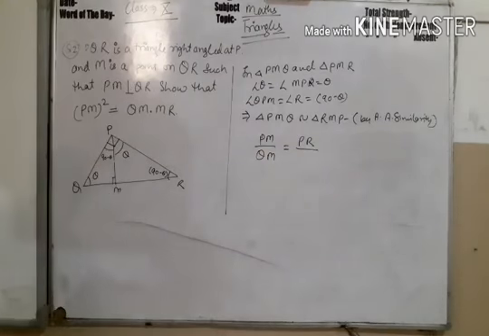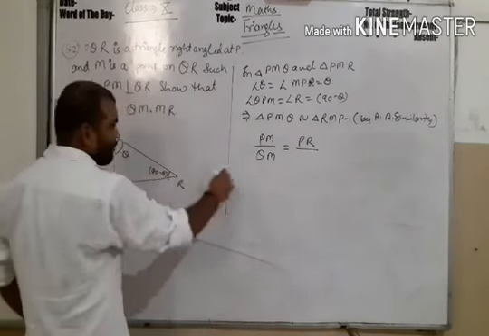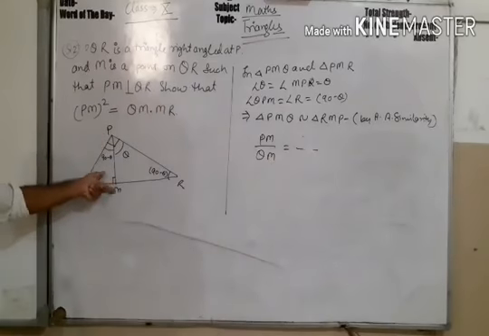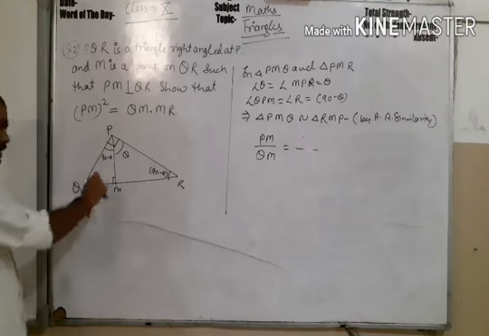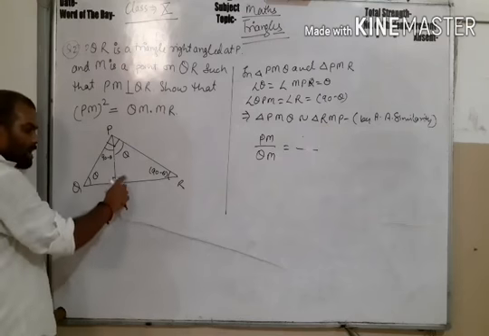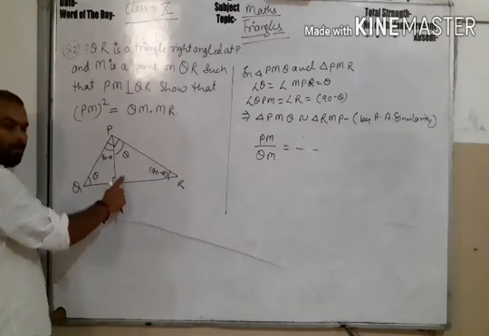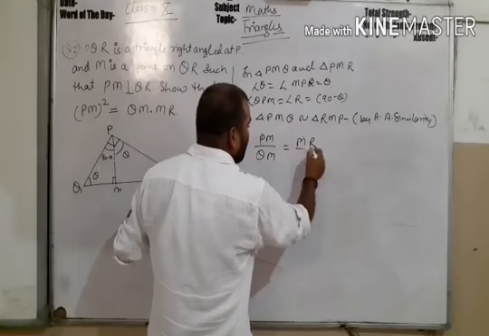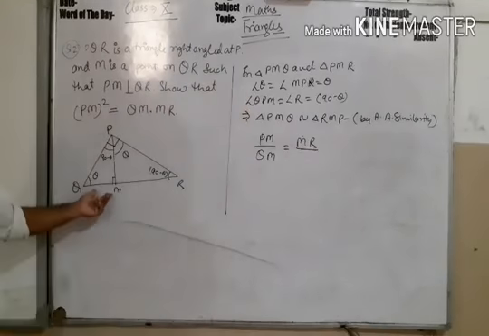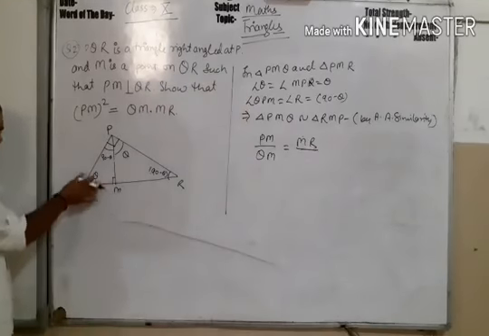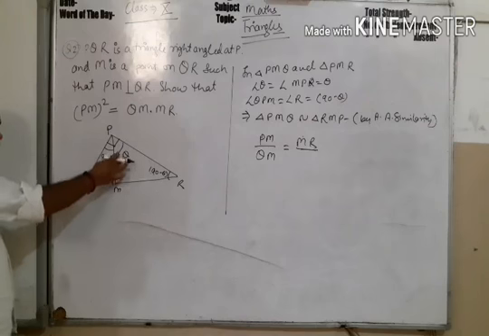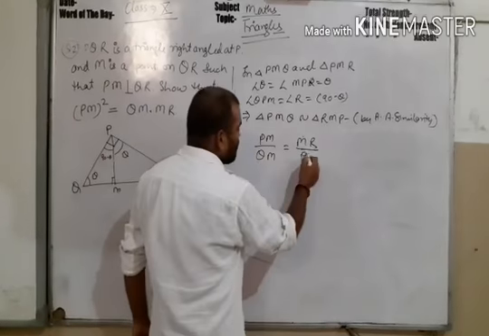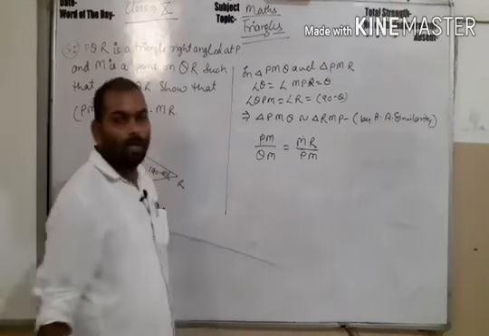PM is the side which contains 90 and 90 minus theta, so the corresponding side which contains 90 minus theta and 90 is MR. So corresponding to PM is MR. And QM is the side which contains theta and 90, so corresponding to QM is PM.